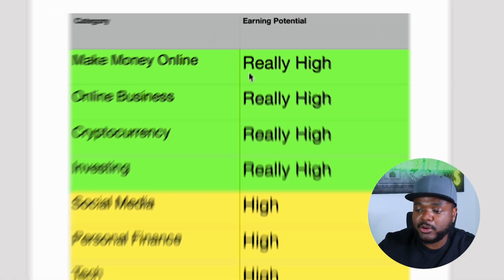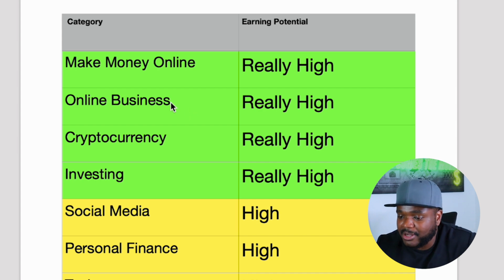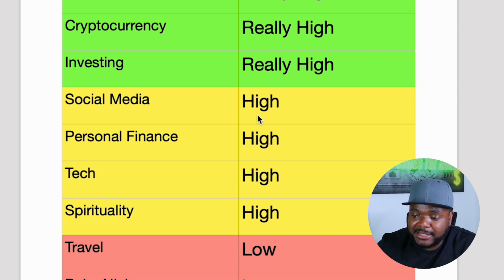So for example, if we look at the earning potential for these videos that are really high, it's centered around money, the make money online niche, online business, cryptocurrency, investing, as well as the earning potentials that have really high CPMs, social media, personal finance, tech, even spirituality. These are the type of categories that I've seen over my years when it comes to making money online that tend to pay really, really high.